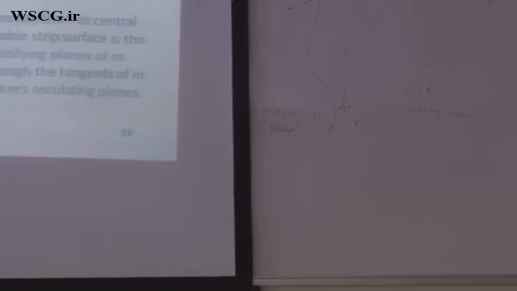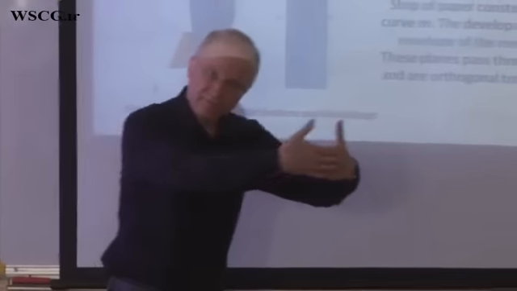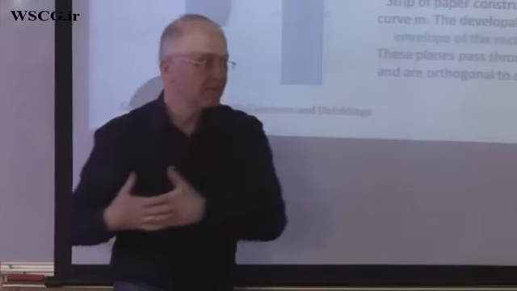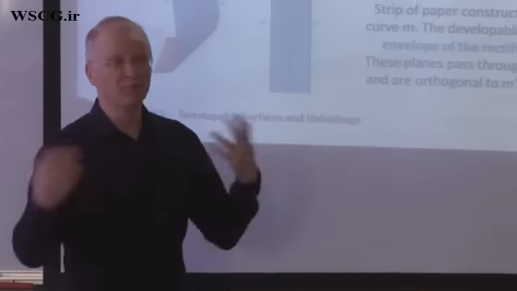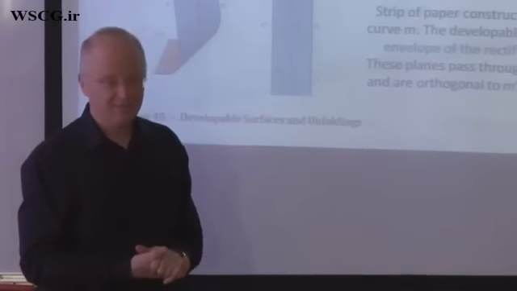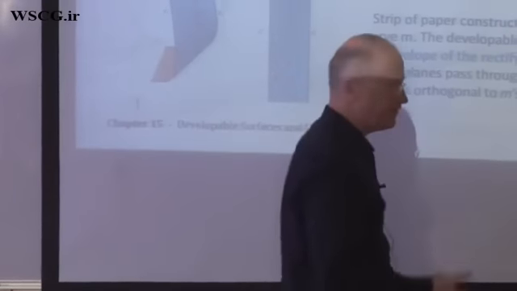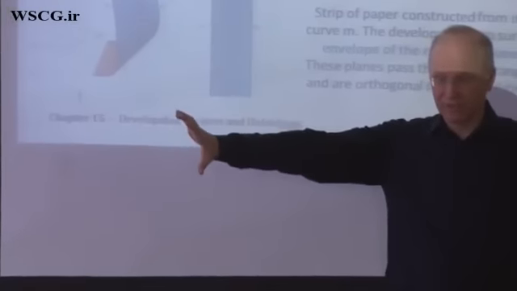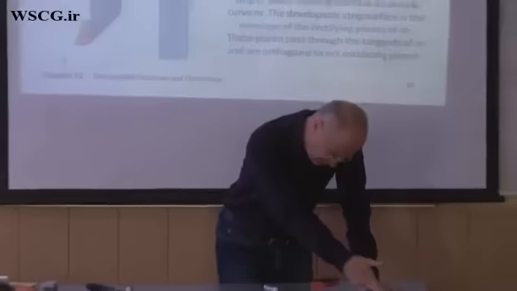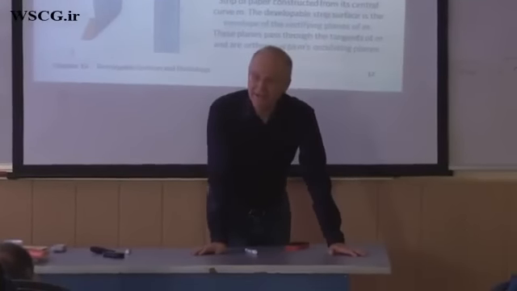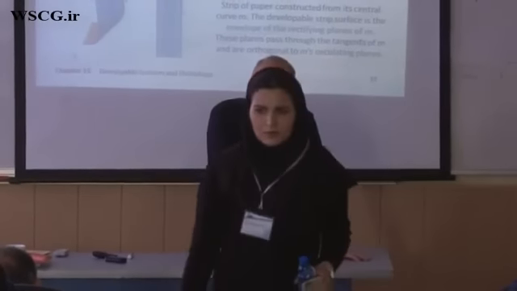Along a curve, the rectifying plane will change smoothly, and we can compute the envelope. The envelope must be a developable surface, and if you develop this developable surface into the plane, this curve M will appear as a straight line. This is why it is called rectifying. It makes your curve straight.